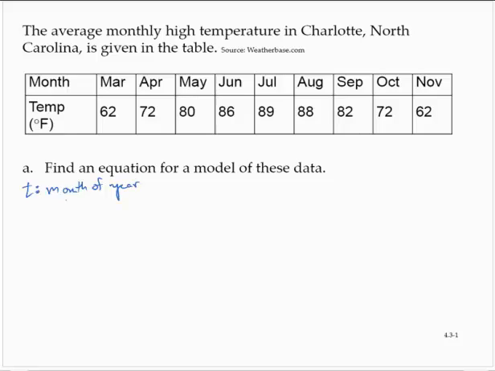So then March would be T equals 3, April would be T equals 4, etc., through November would be T equals 11. And I'm going to say let M represent the month instead of T. And we'll let T of M represent the monthly high temperature.